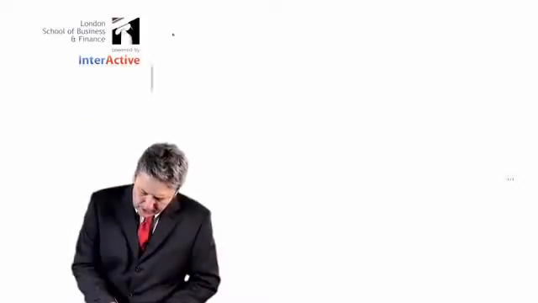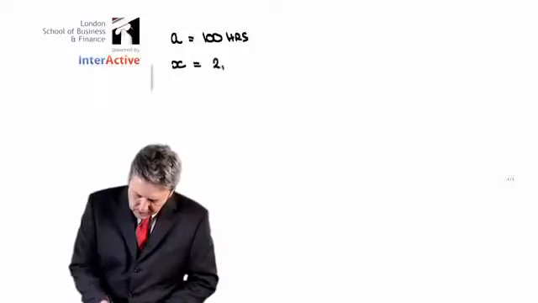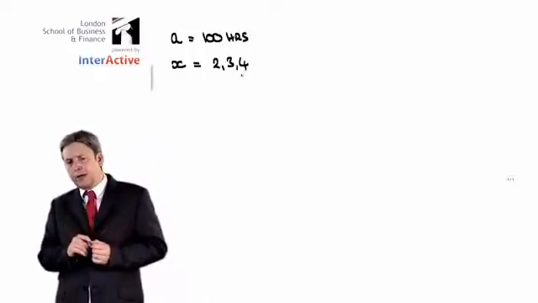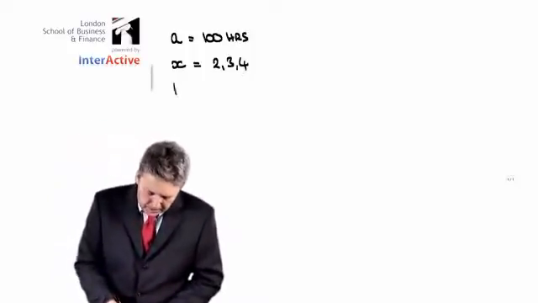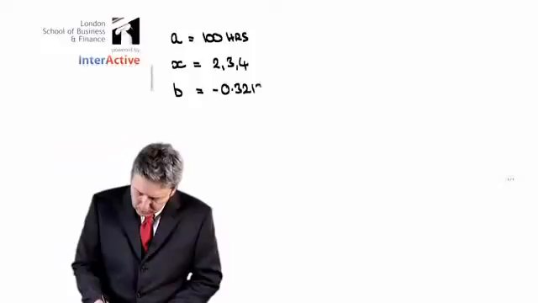So if you remember, we said that A equals 100 hours. X is going to equal 2 and 3 and 4. I just want to prove the numbers that we've already got. And B, well, we said it was an 80% learning rate, so it's going to be minus 0.3219.